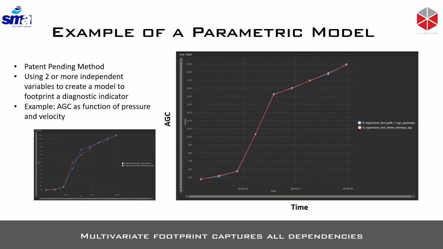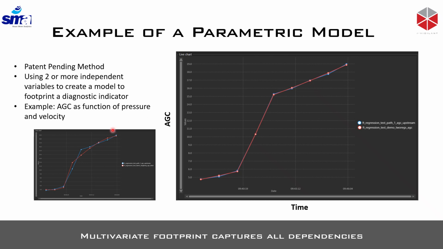If we then look at the AGC in terms of time, we can actually see that the data of the model follows almost perfectly to where we are expecting the data to be. This way we can actually then use our footprint data to verify that everything is okay with our USM in terms of AGC.